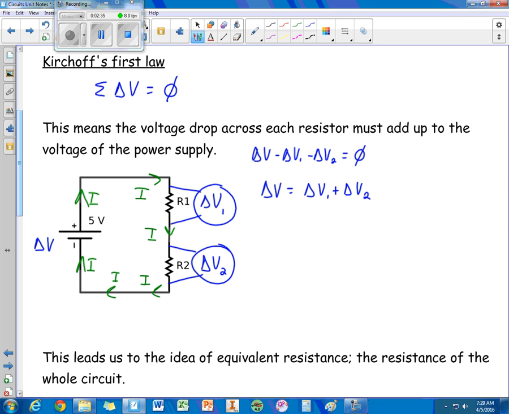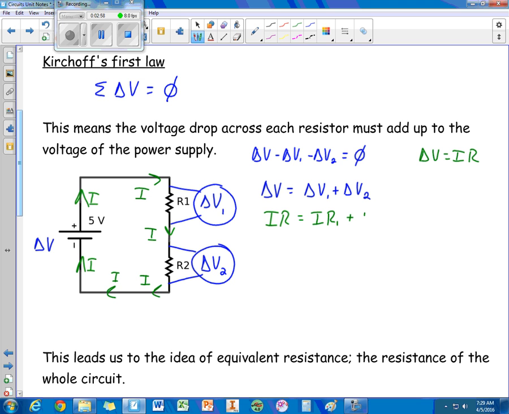So we have Kirchhoff. Now we can go ahead and apply Ohm's law. So for the battery, I have delta V equals I times R. And then for the first resistor, this delta V1 would equal I times R1.